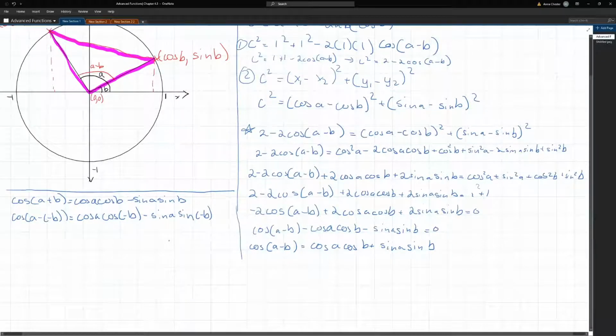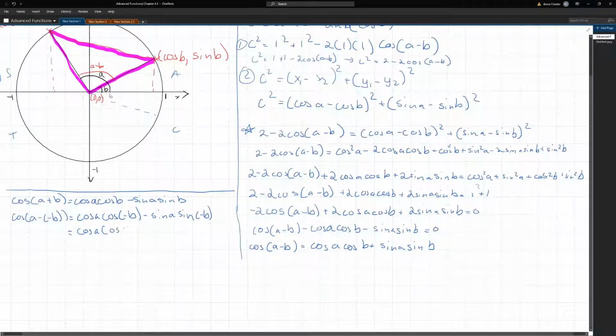With that, we could actually just talk about negative angles. So let's think about it. If we're talking about a negative angle, which would be over here, this is our new B value. Using the CAST rule, we know that if it is in the fourth quadrant, cosine is still a positive value.